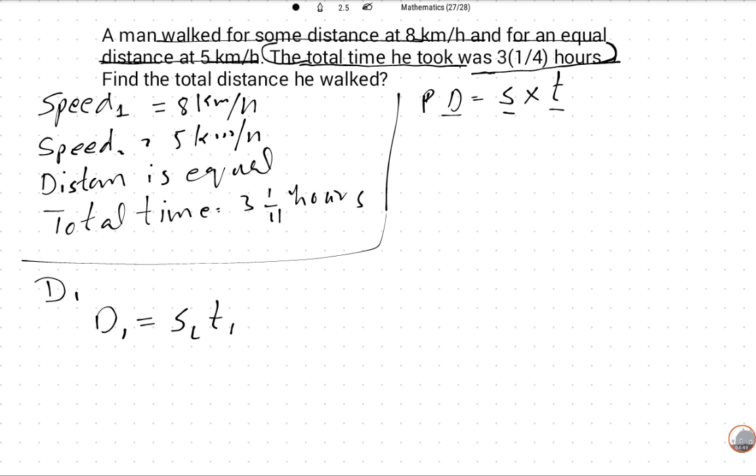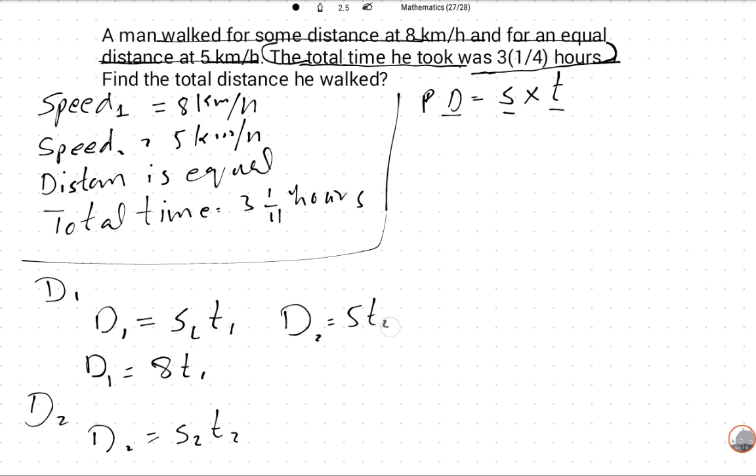So speed is 8 km per hour and time t1. Same for distance 2: d2 is equal to s2 t2. So distance is equal, and s2 is 5 and t2.